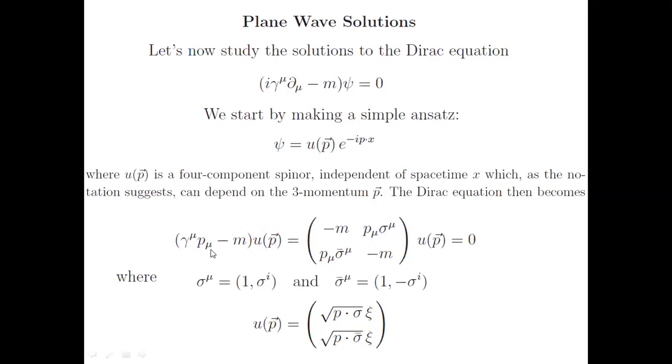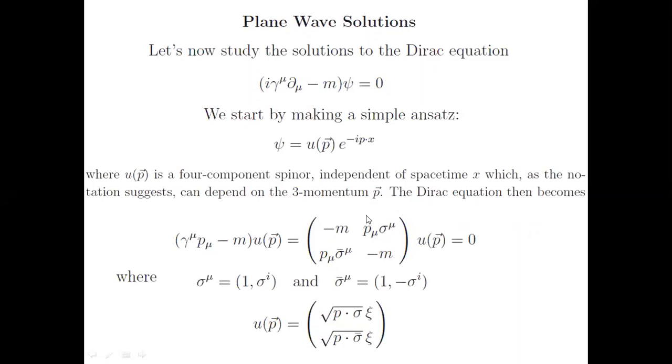I have not given the representation, so no problem. Gamma 0 is basically the block matrix with minus 1 and minus 1 on the off-diagonal, and gamma i has 0 on the diagonal blocks, where the 1's are simply the unit matrices of dimension 2, and the off-diagonal components are the Pauli matrices.